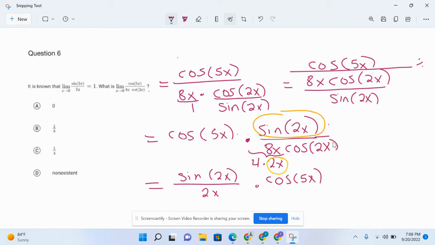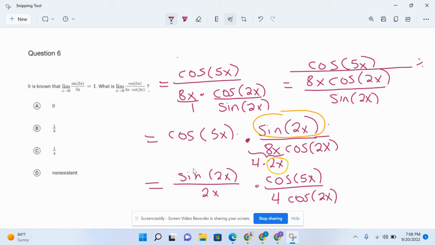On the bottom, I still have a 4. The 8x is really the 2x, which I already wrote, and then the 4. And on the bottom, I still have that cosine of 2x.